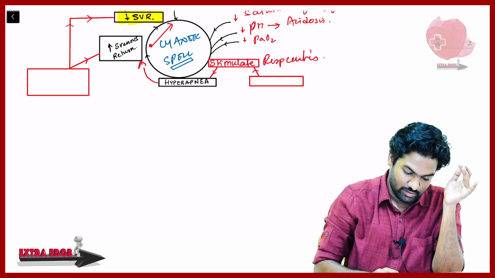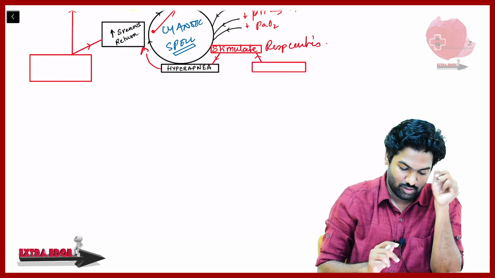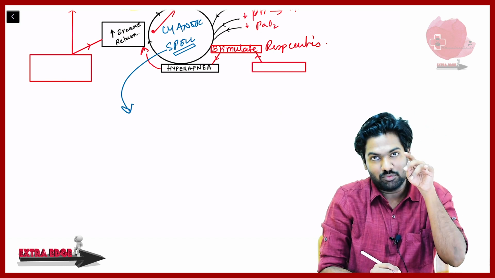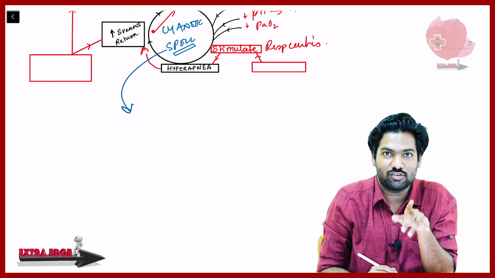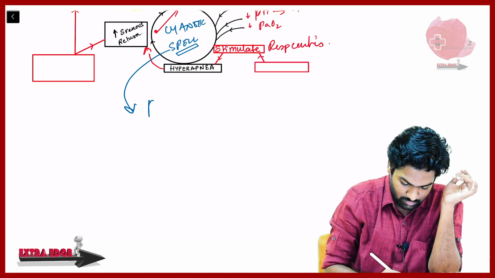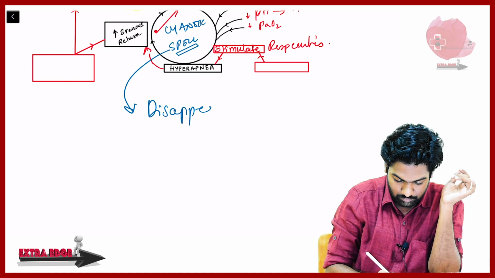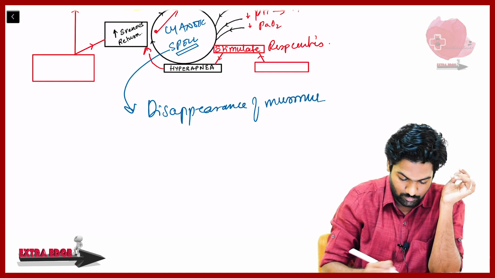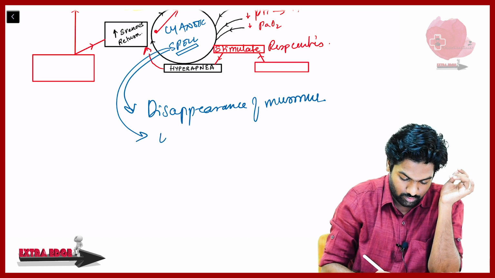The moment the child is having a cyanotic spell, what is the important thing you are supposed to write first? First and foremost, that is disappearance of the murmur. Next, there is a good amount of cyanosis which is seen.